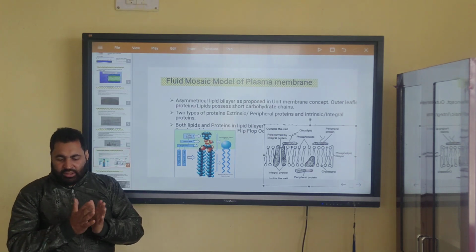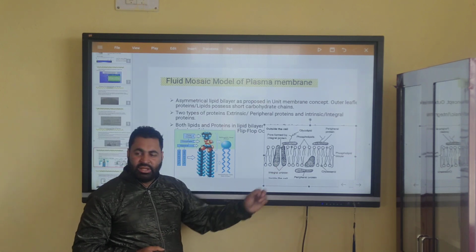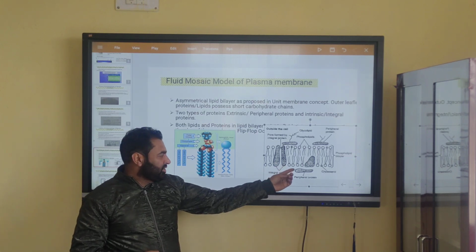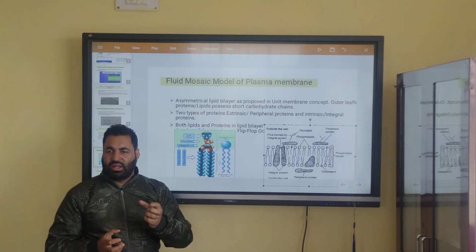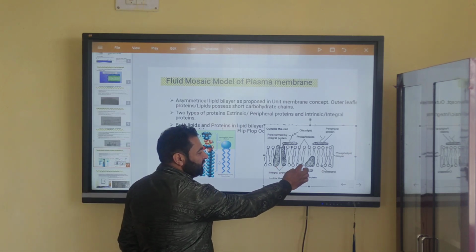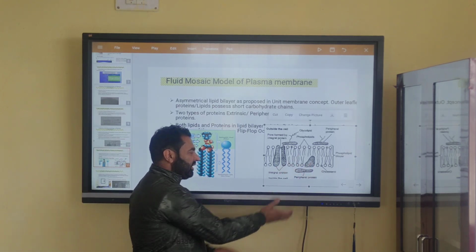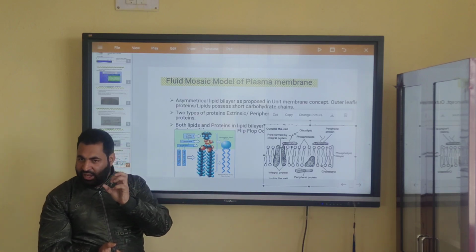Those proteins you can dislodge, you can remove, if you increase the salt concentration. Why are they there? Because they have some ionic interactions. They form some bond with the phosphate and some other proteins. So they stay there because of ionic interaction.